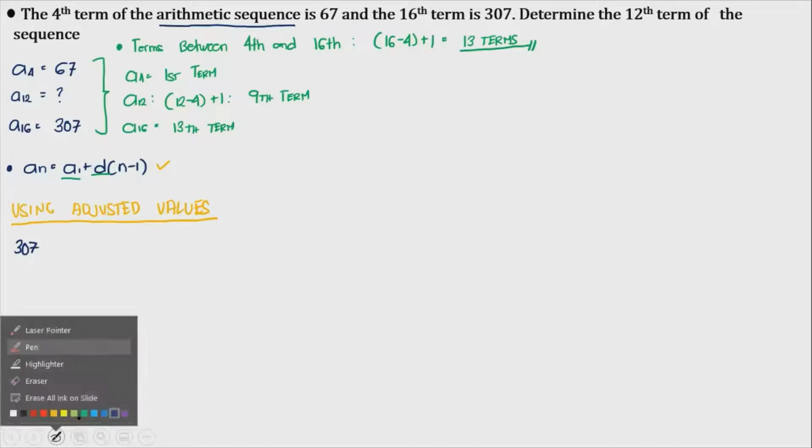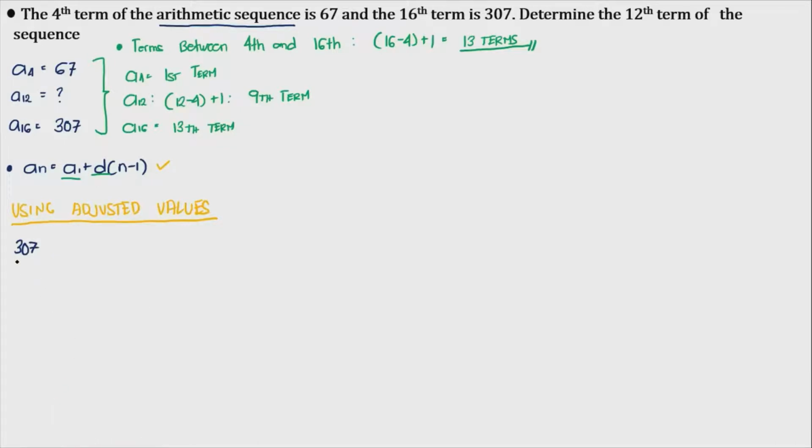Si 307 daw is yung ating adjusted 13th term, is equal to 67. Si 67 naman is yung adjusted nating first term, plus the common difference times 13 minus 1. Solve for D. D is equal to 20.